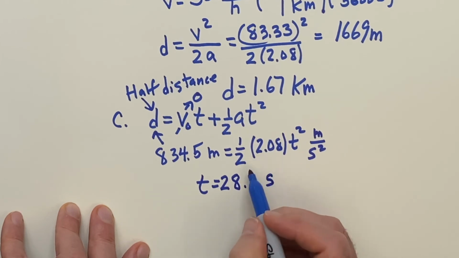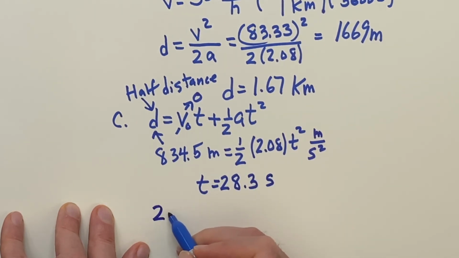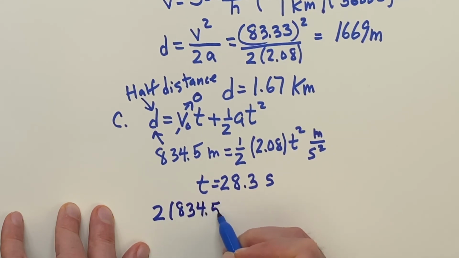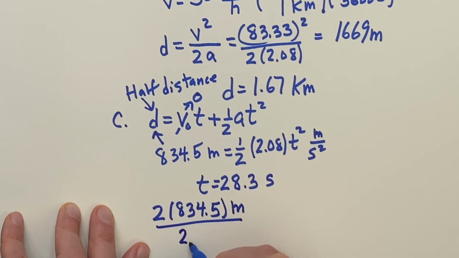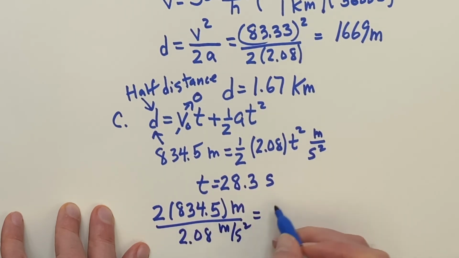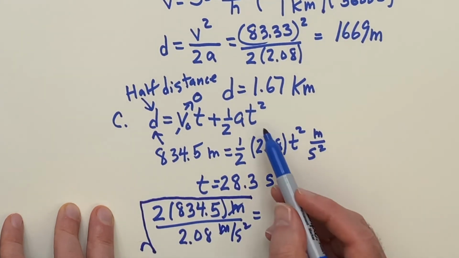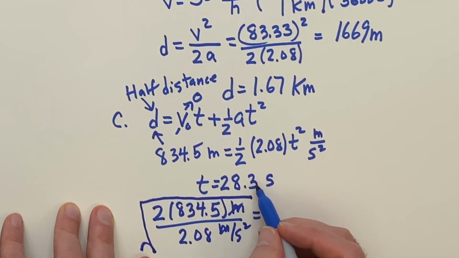It's not a bad idea to actually do the steps with the units, where you have the 834.5 meters, then you divide by 2.08 meters per second squared, because then you see the meters are going to cancel and the seconds squared is going to pop up. And then when you take your square root here, because the t is squared, you're going to get this value.